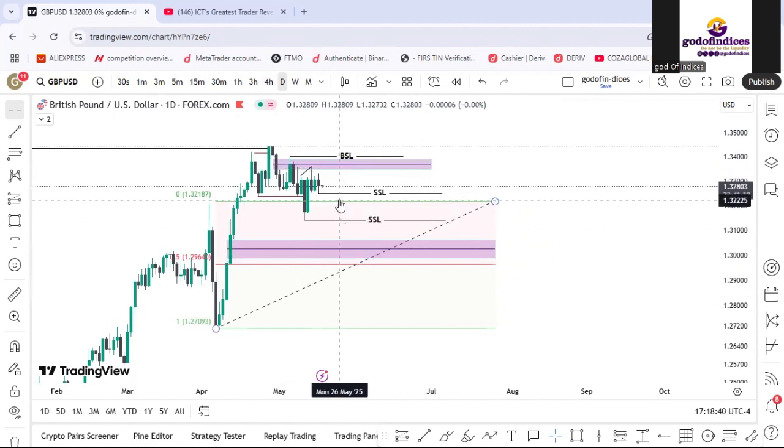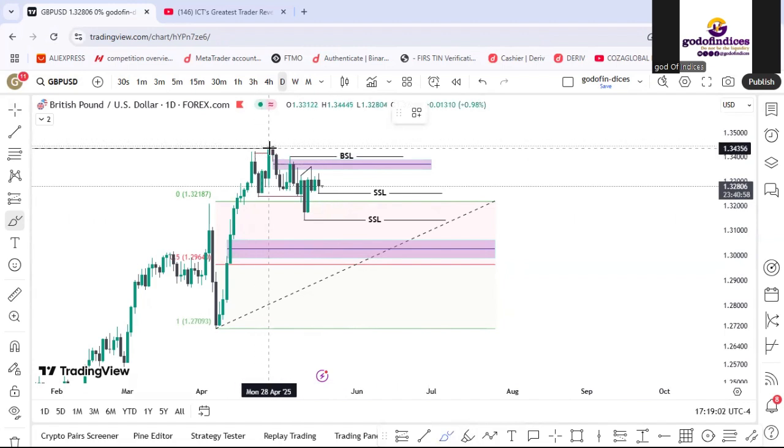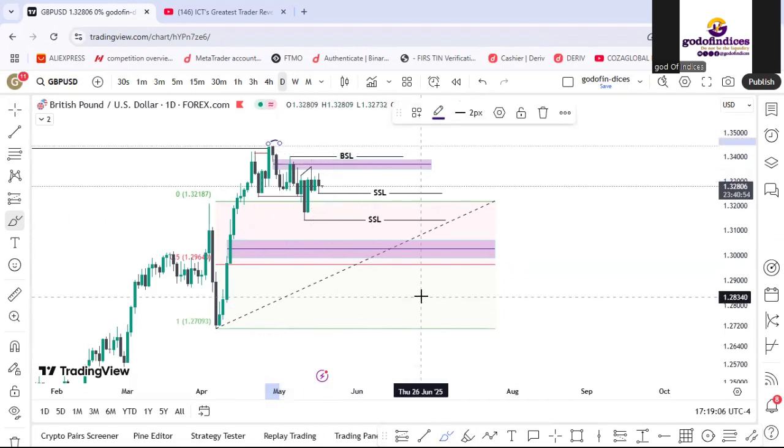That's also a possibility. I mentioned earlier in this call that it might want to get the final inducement of this level, to take out all the early sellers that sold from this fair value gap, either this high or this particular high here, before price will run. But I'm anticipating that this high will be a protected high, to support the bearish movement.